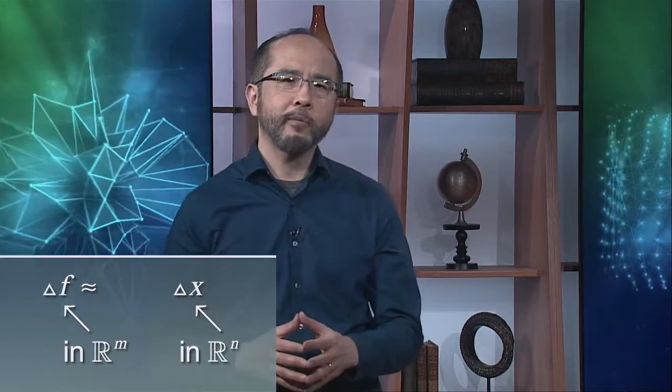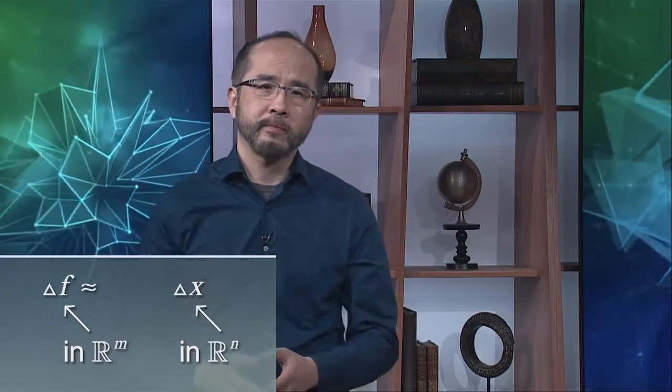So it's a vector in Rm, and delta x will be a small change in the input. So it'll be a vector in Rn. So we need the derivative, whatever it is, to turn the vector delta x into the vector delta f. What's the only thing you know that will take a vector in Rn to a vector in Rm in a linear way? That's right, a linear transformation.